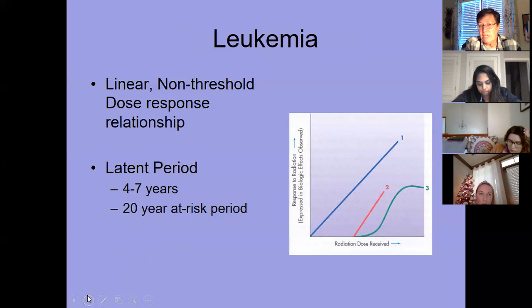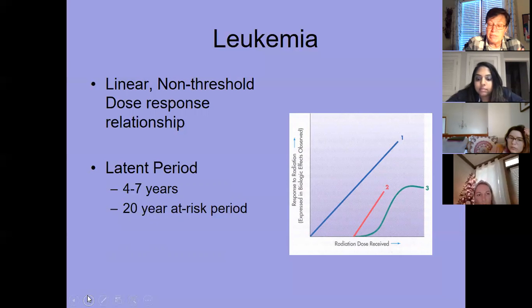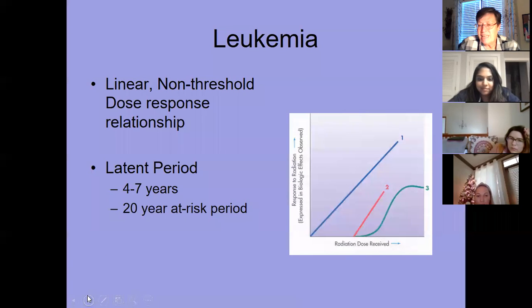The dose-response relationship is that linear non-threshold dose-response relationship. The latent period, the time between exposure and the leukemia, is typically between 4 to 7 years, but they consider a 20-year at-risk period. The atomic bomb survivors had a relative risk of leukemia 3 times that of the general population.